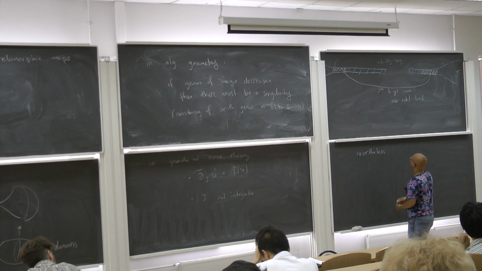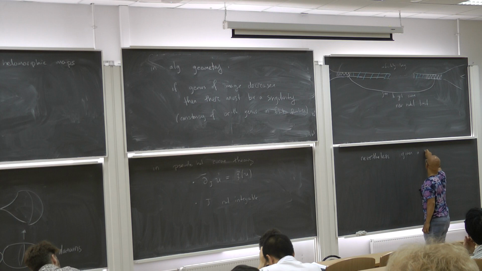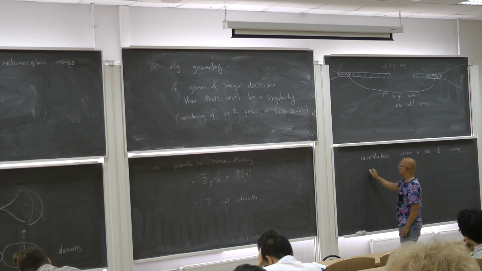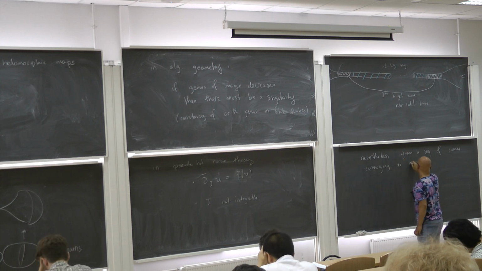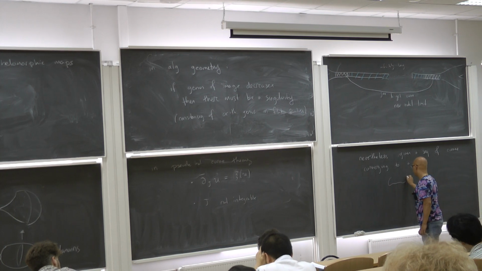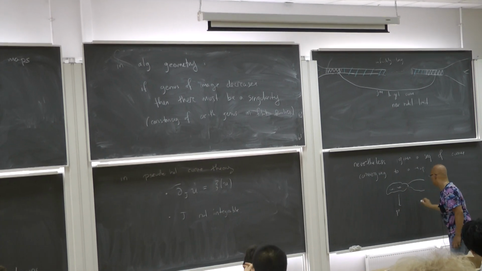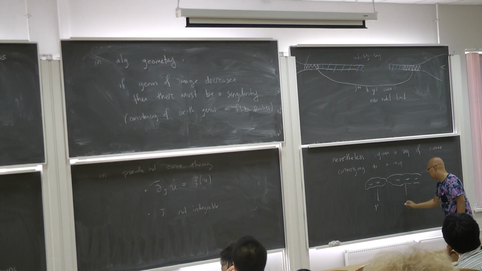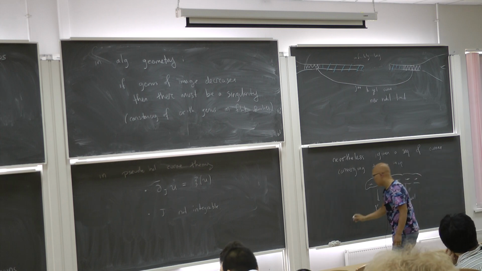So nevertheless, given a sequence of curves converging to a map where there's a higher genus component, and so this one maps to a point, and then the rest, let's say, maps non-trivially. And I have to make some additional hypotheses.